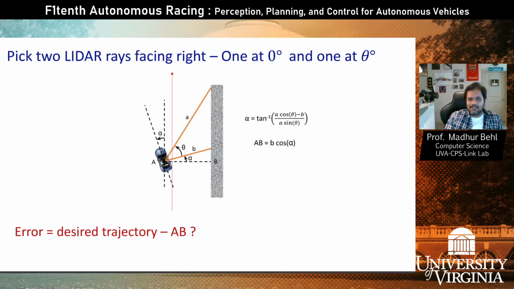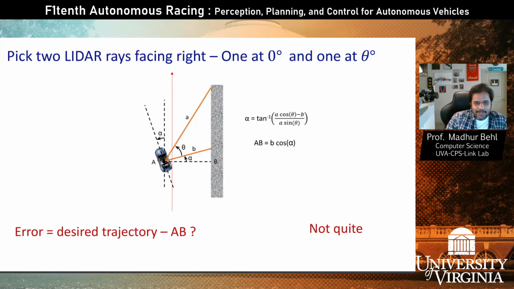It makes sense that your error is just the difference between your current distance to the wall and the desired distance to the wall. If you can steer your car in a manner to reduce this error, then you can get back on track. On the surface that seems like a good idea, but this actually is not going to work. Why won't it work?